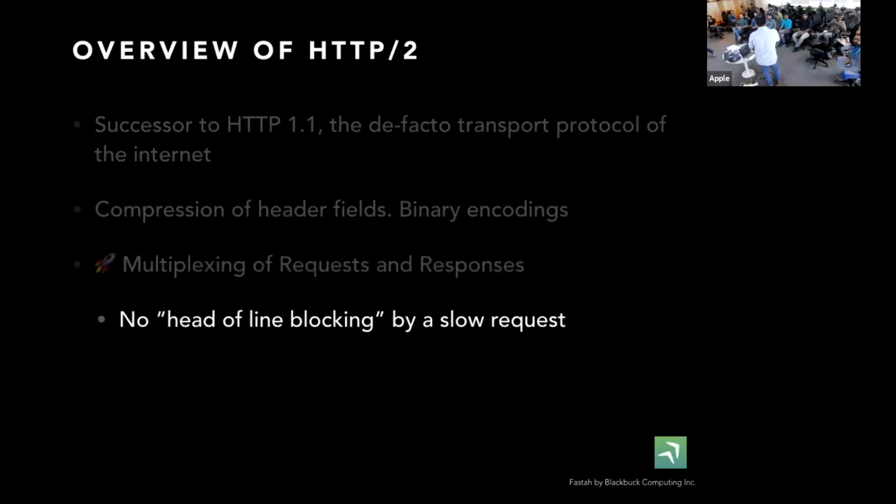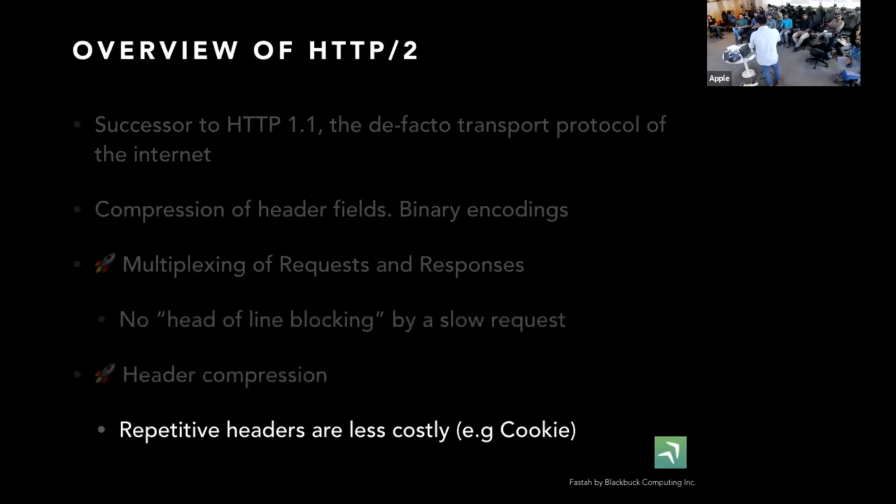No head of line blocking, which basically means that the slower requests on your HTTP channel are not going to delay the requests which come after it. And again, I'll delve into the subtlety of why that matters a lot on a high latency mobile channel in the next few slides.